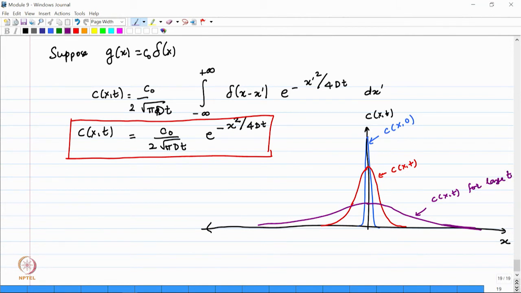And you can also see that as t goes to infinity, notice that the prefactor is also inversely proportional to t. So, as t becomes very large, your prefactor becomes very small. This exponential becomes e to the 0, almost a constant. So as t goes to infinity, your species basically spreads like this all over. So, basically it goes to a constant.